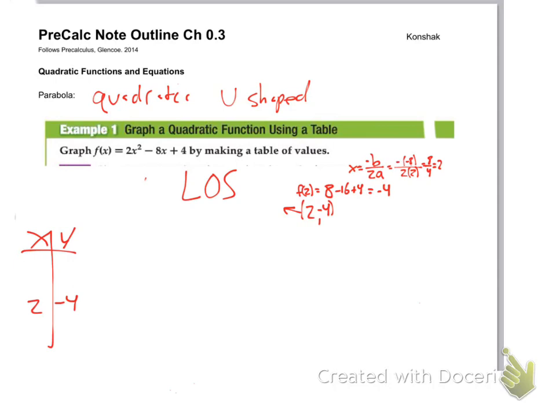Now, why do we care that it's in the center? Why do we care that it has a line of symmetry? We care because now that I'm at the center, if I take a step to the left and one step to the right, those two x values will have the same y values.